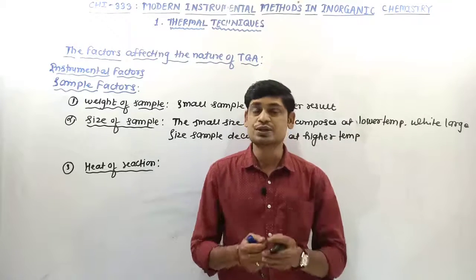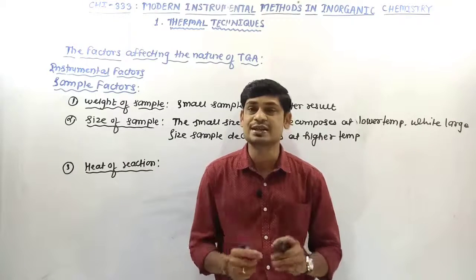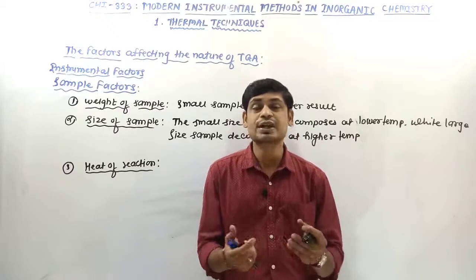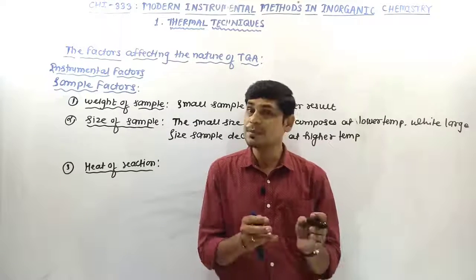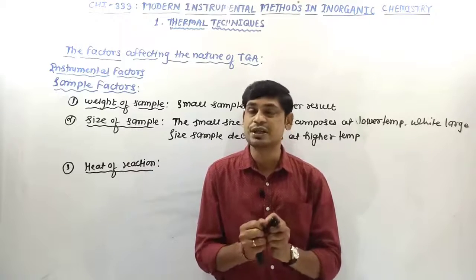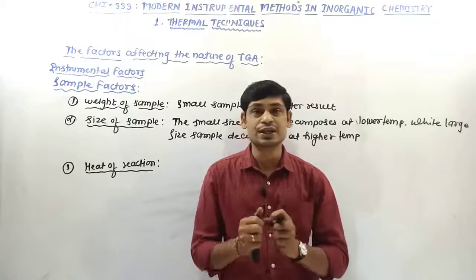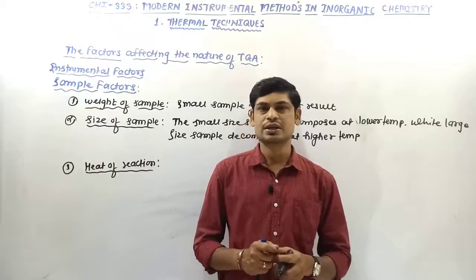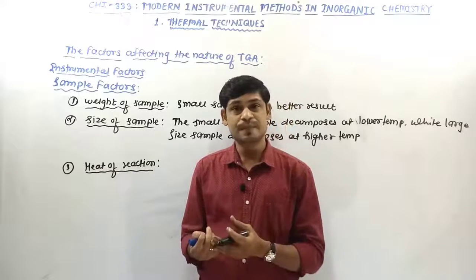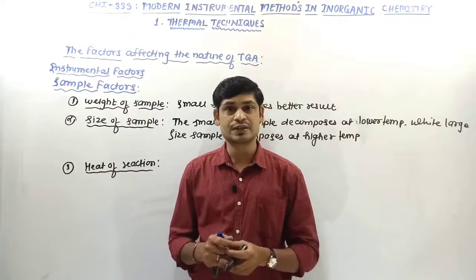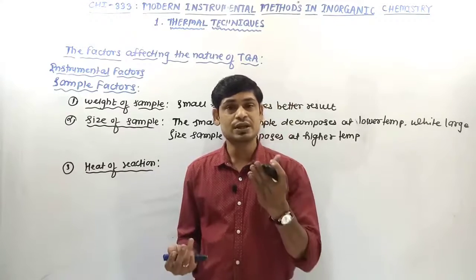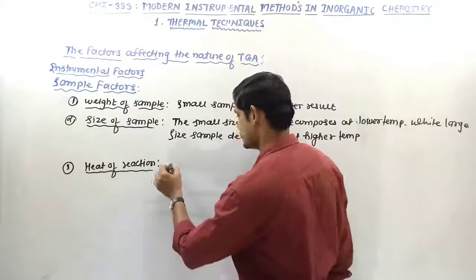So during the decomposition, some samples release heat energy. We call it exothermic. Some samples during the decomposition absorb heat energy. We call it endothermic. So obviously, an endothermic reaction decreases the temperature of the furnace, and an exothermic reaction increases the temperature of the furnace.